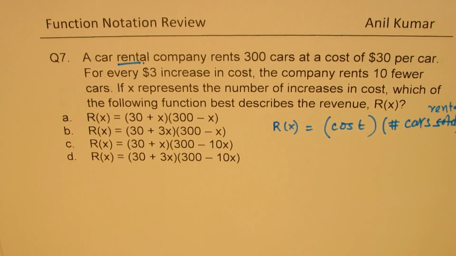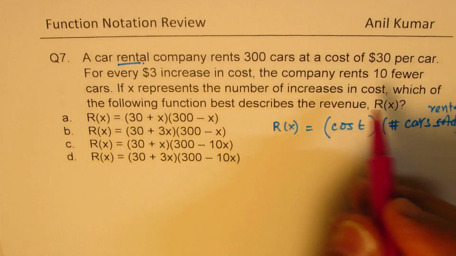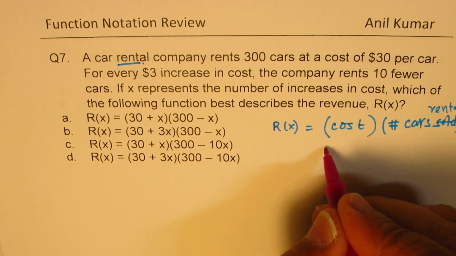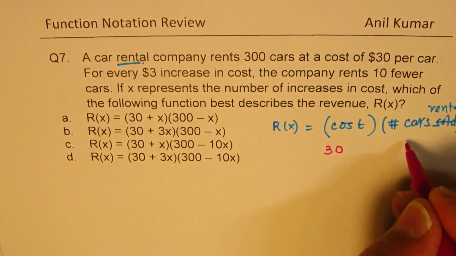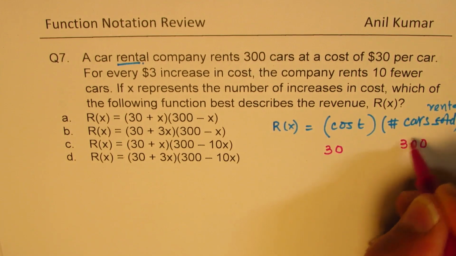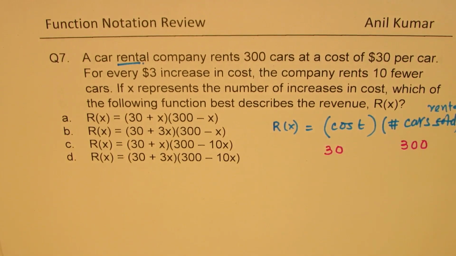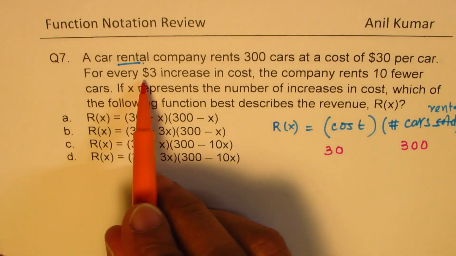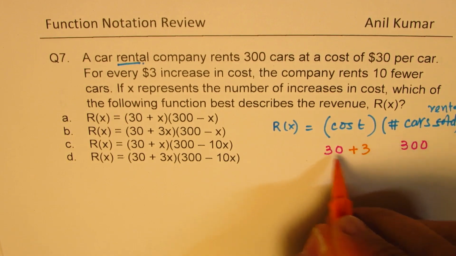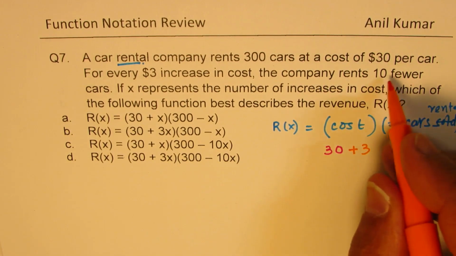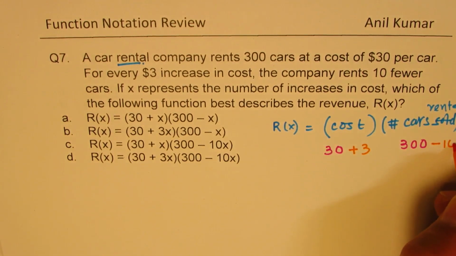Okay. So initially, for $30, the company can rent 300 cars, correct? Now, if we increase by $3, that means we do plus 3 on the cost of 30, and 10 fewer cars means minus 10. Do you understand?